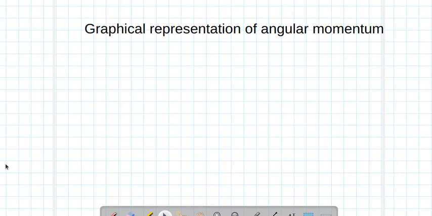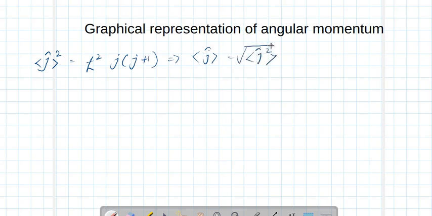So angular momentum plays a very important role in quantum mechanics. As we know from earlier lectures, the expectation value of j square is equal to h cross square j into j plus 1, and from here I can write down the expectation value of j, which is h cross square root of j into j plus 1.